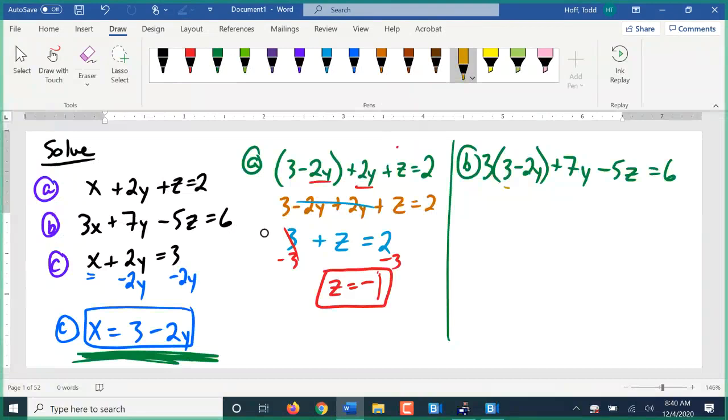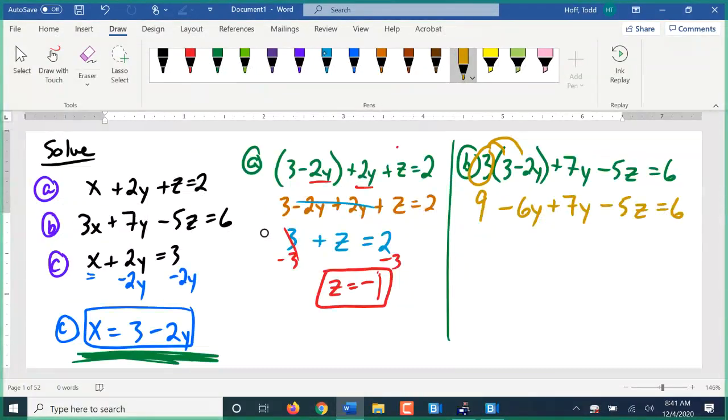So now the parentheses here has nothing I can do inside of them, but this time I can multiply by the 3. So 3 times 3 is 9. 3 times a negative 2y is a negative 6y. The 7y here is outside the parentheses, so it does not get multiplied, so that just stays 7y, and that stays minus 5z equals 6.